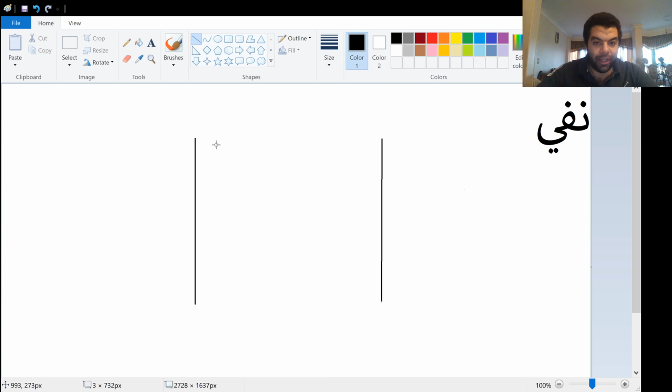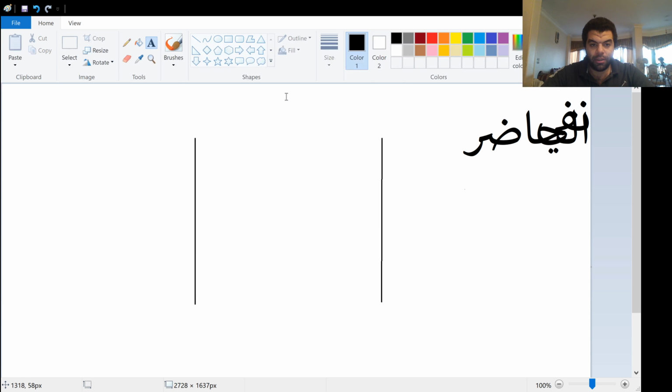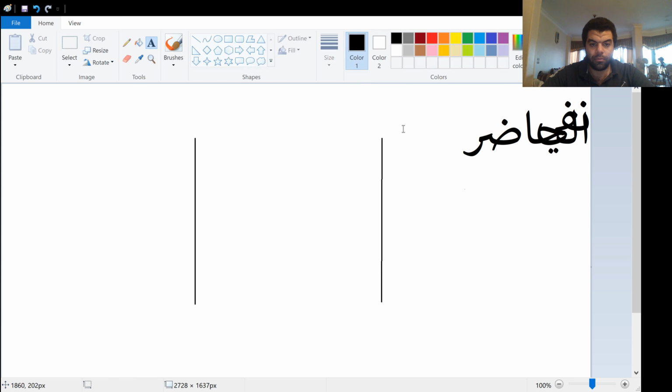On the left, we're going to have the present, which is called al-Hadir. Why does it get written over there? Okay, let's try again.